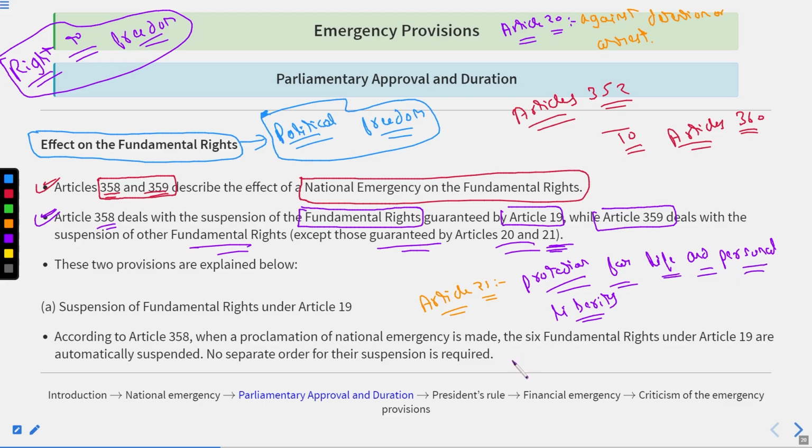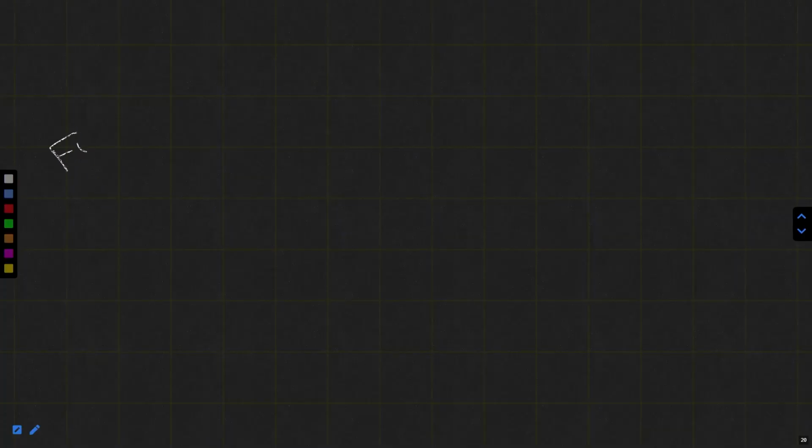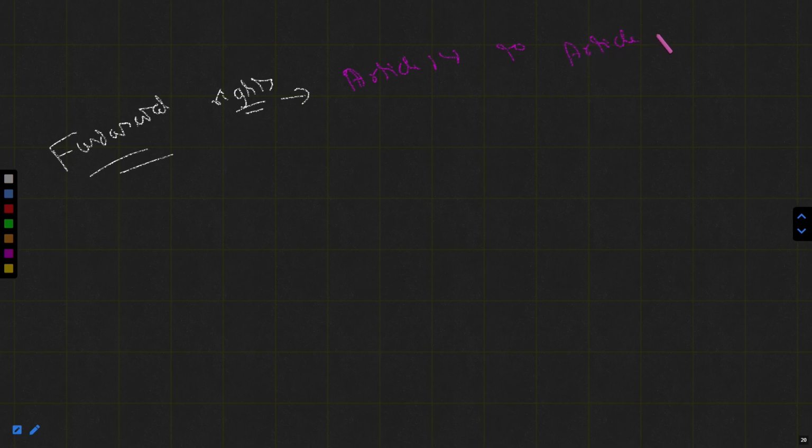Okay. So if we talk about the fundamental rights, we will have a detailed discussion on it in the upcoming lectures. Till then, just remember that in the Constitution, from Article 14 to Article 32, there is the provision for the fundamental rights. All right.